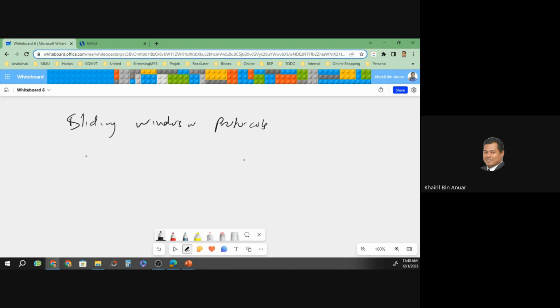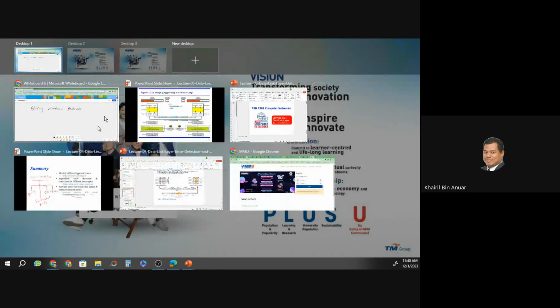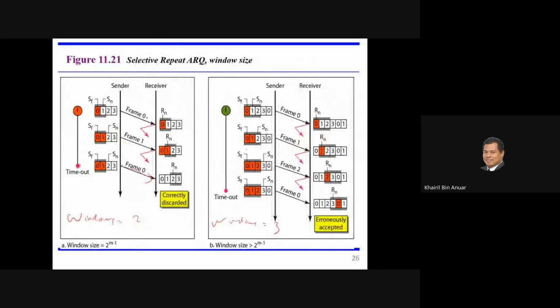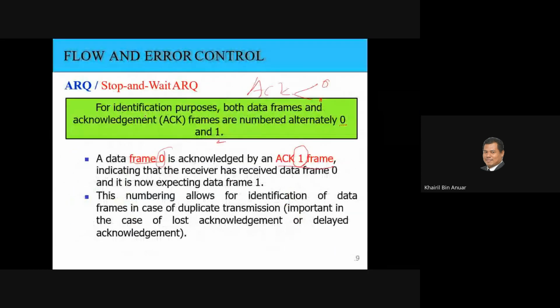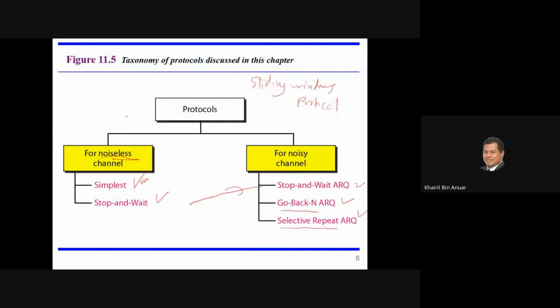The one we have is the simple ARQ just now. At the beginning here, we have the stop and wait protocol. Then we have the go back N and the selective repeat.